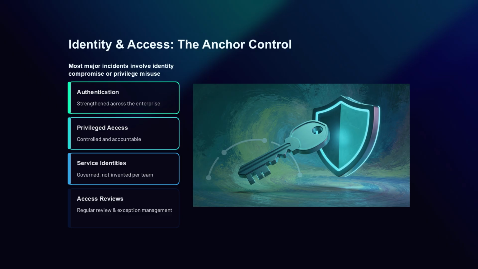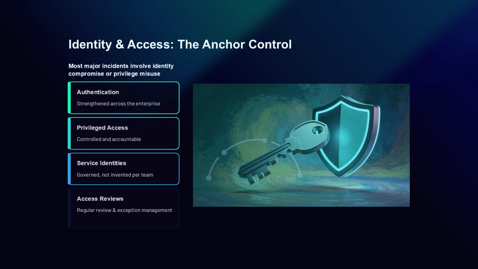With security framed correctly, you should treat identity and access as the anchor control that protects everything else. In real enterprises, most major security incidents involve identity compromise or privilege misuse. Phase D is where you establish consistent identity and access direction, including how authentication is strengthened, how privilege access is controlled, and how service identities are governed.